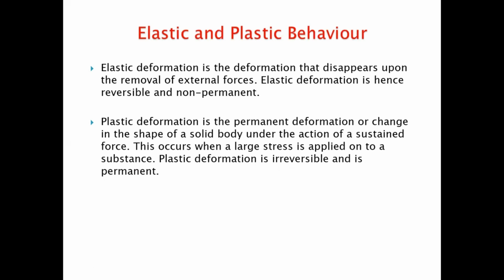In the elastic zone, when we apply the load, there is a deformation, and when we leave it, it comes back to its original position. But plastic deformation is permanent: when we remove the load, the body will not come back to its original shape and position. That's why it is irreversible and permanent.